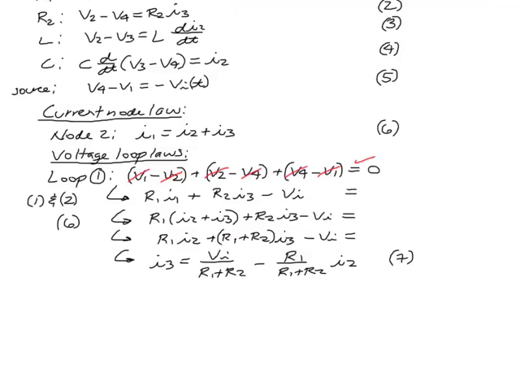If you go back and look at the figure for the circuit above, we do the same thing there for loop 2. I start at node 2 and say V2 minus V3, V3 minus V4, plus V4 minus V2.